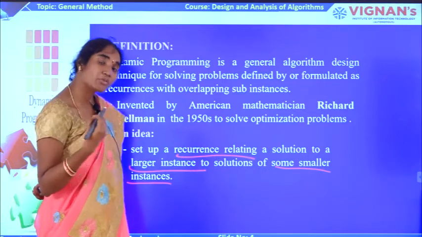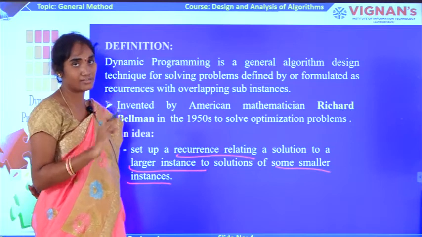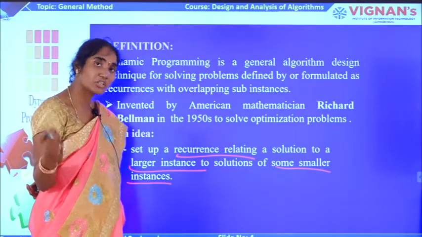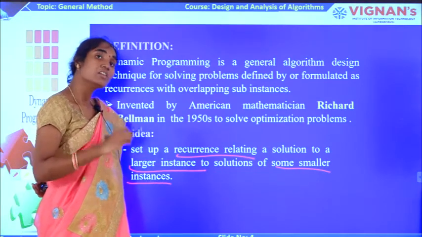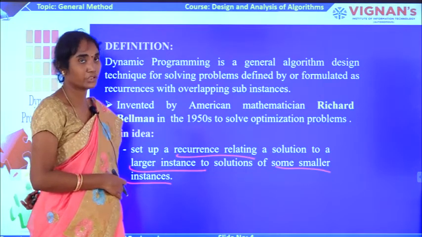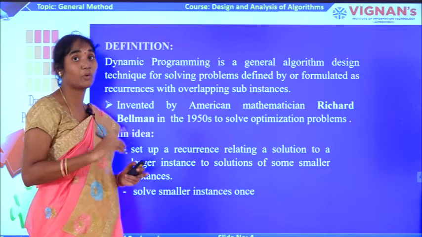So I am going to solve the smaller instances, and based on that I am going to solve the larger instance. The smaller instance solutions I am reusing, and with that I am going to find the larger instance solution. Now all the smaller instances we are going to solve only once.